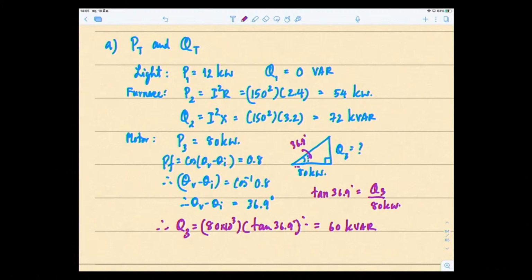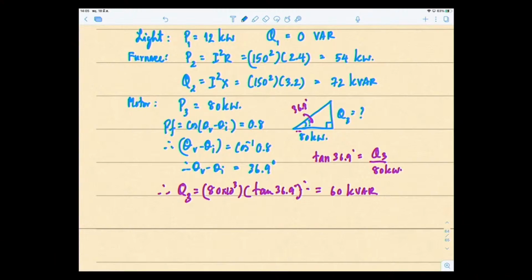So you have all three loads complete. So therefore your total average power for these factories is P1 plus P2 plus P3, equal to 12 kW plus 54 kW plus 80 kW, so equal to 146 kW.